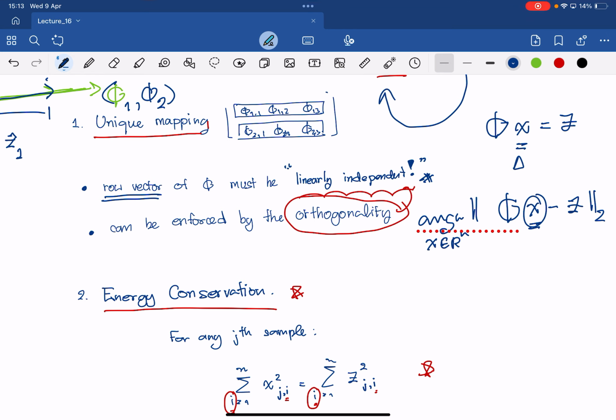So people normally resort to another property called orthogonality. If your row vectors are orthogonal, they will also be linearly independent. Orthogonality is a stronger condition, but checking for orthogonality is simpler. So that's why we normally do it this way.